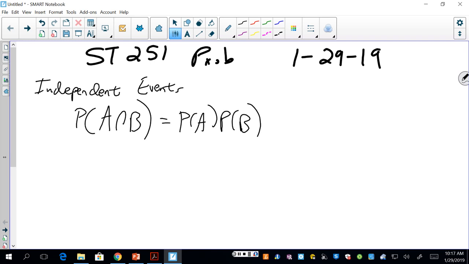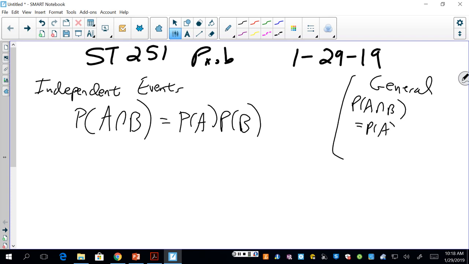Generally, the probability of two things together can be written as the probability of one of them happening times the conditional probability that the second one happened given the first, either as probability of A times probability of B given that A has happened, or viewing it the other way, the probability of B times the conditional probability of the other one. But if they're independent, the conditional probabilities simplify.